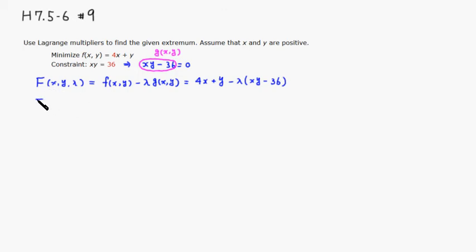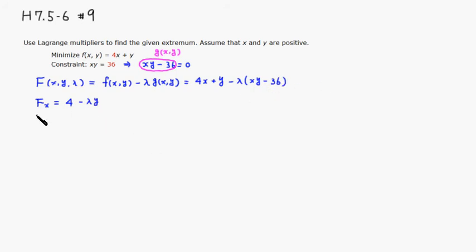The partial derivative of capital F with respect to x: the partial of 4x with respect to x is 4. Y is constant, so its partial with respect to x is 0. Here, the partial of xy with respect to x is y, so it's negative lambda y, and the partial of 36 is 0.